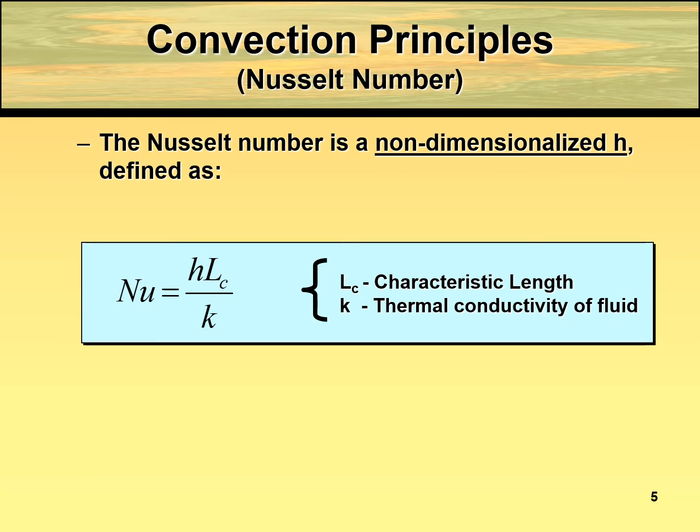The Nusselt number is the non-dimensionalized h, which is the ratio of the convection heat transfer coefficient to the thermal conductivity. So where L is the characteristic length, h is the convection coefficient, and k is the thermal conductivity of the fluid.